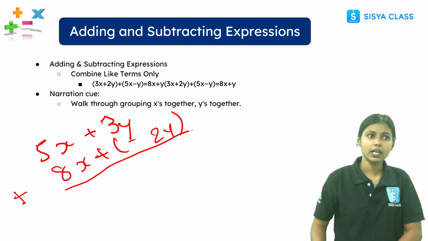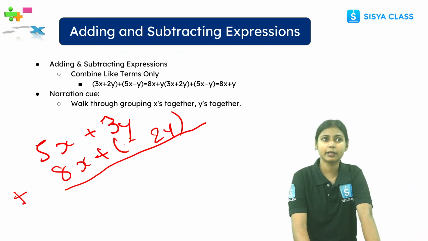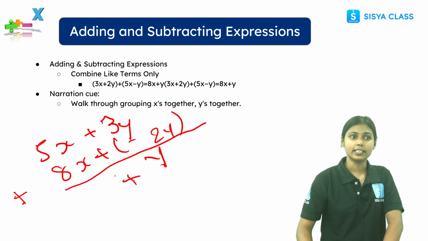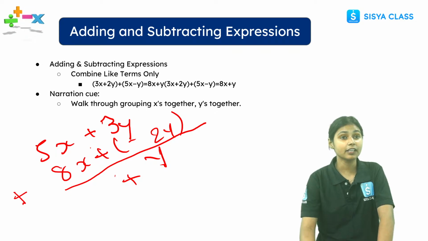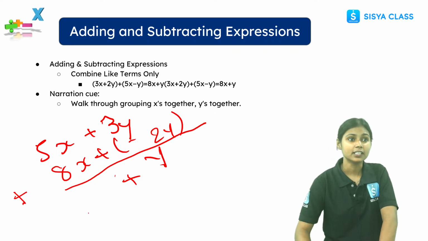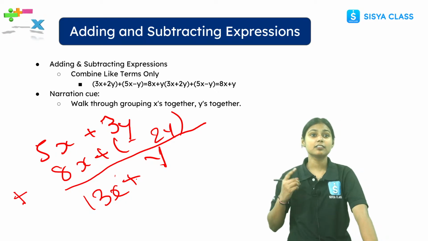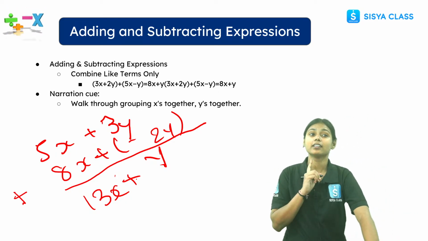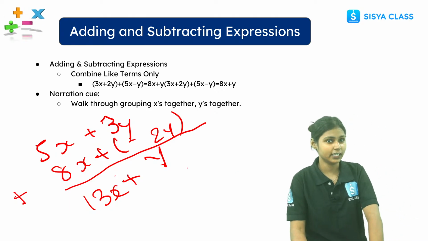We are going to add it. First of all, for plus and minus, 3y minus 2y will only be 1y. Then 5 plus 8 is 13, so it will be 13x. So it is 13x plus y. Why? Because the sign always follows the bigger number, 3y, so the sign will be positive.